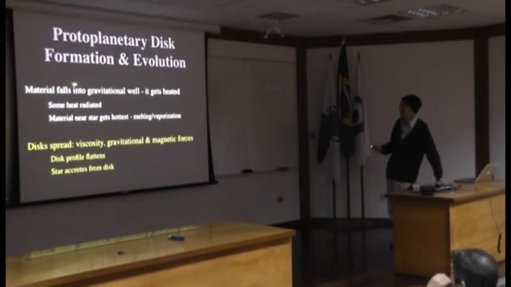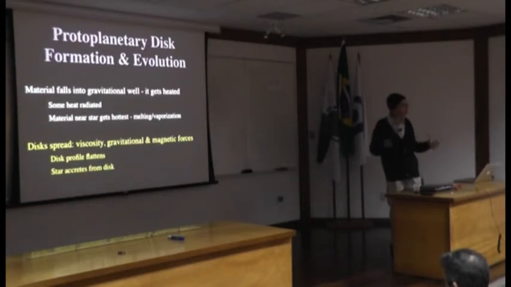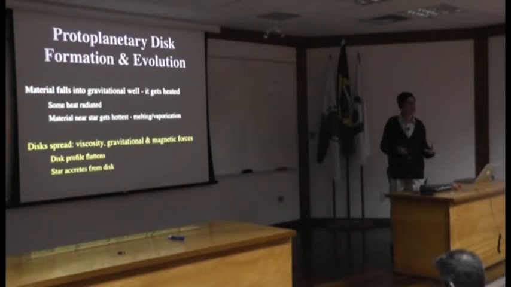Protoplanetary disk formation and evolution. As I mentioned yesterday again, material falls down into a gravitational potential well. It gets heated. Some of that heat is radiated as it's falling in, but some is retained because eventually it gets optically thick.